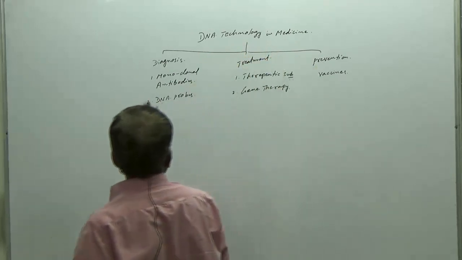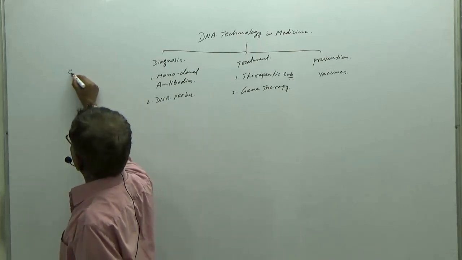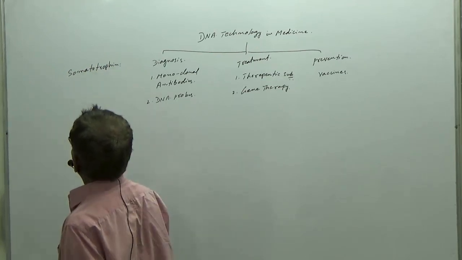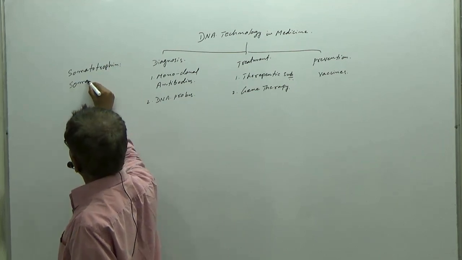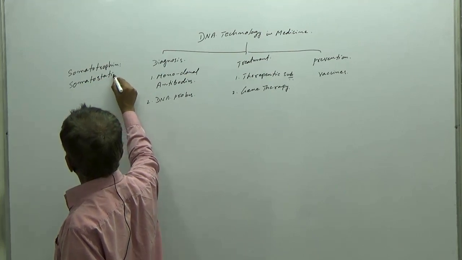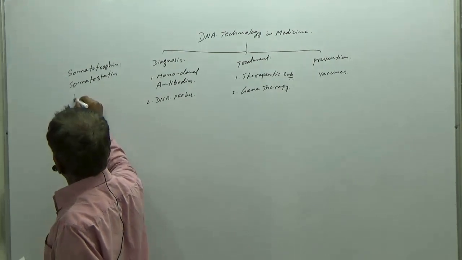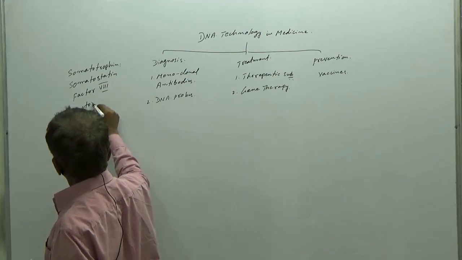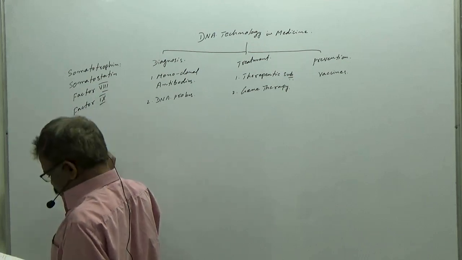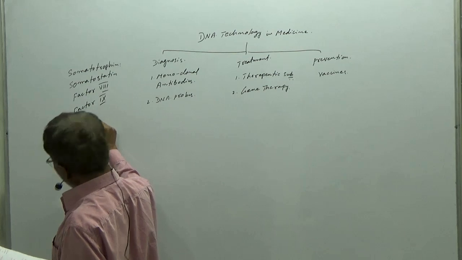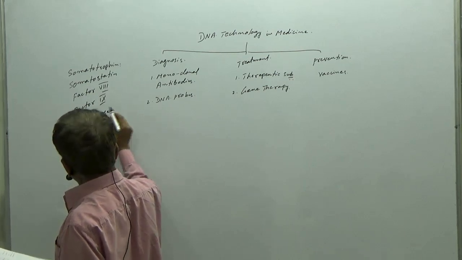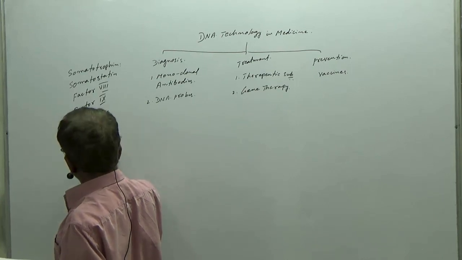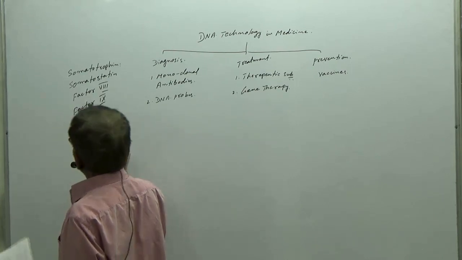The major ones: somatotrophin, somatostatin, factor 8, factor 9, urokinase, then interferons, humulin. These are all the major ones.